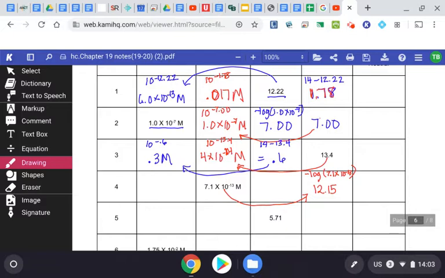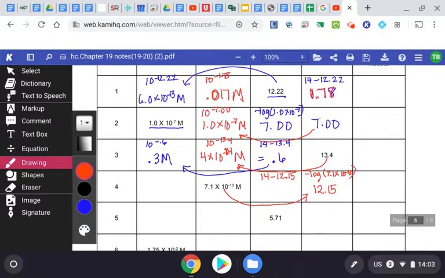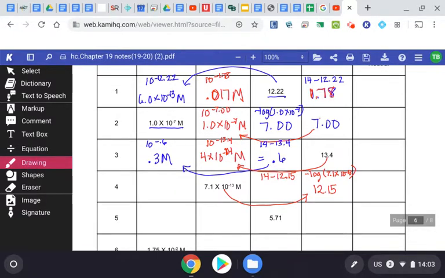Now that I know my pOH, I can find my pH. It's just going to be 14 minus 12.15. When I do that, I get 1.85. From my pH, I can now find my hydrogen ion concentration.